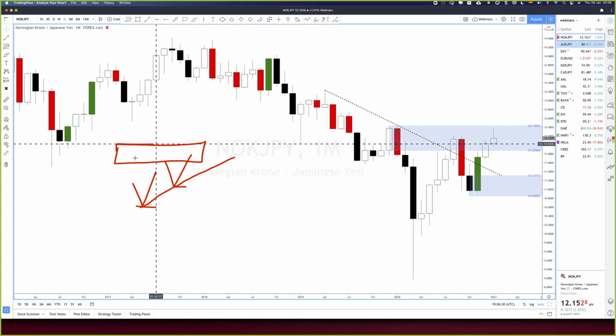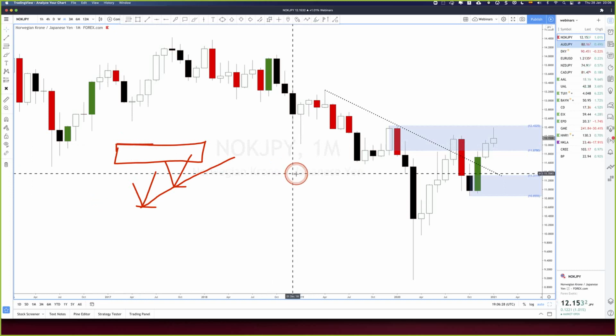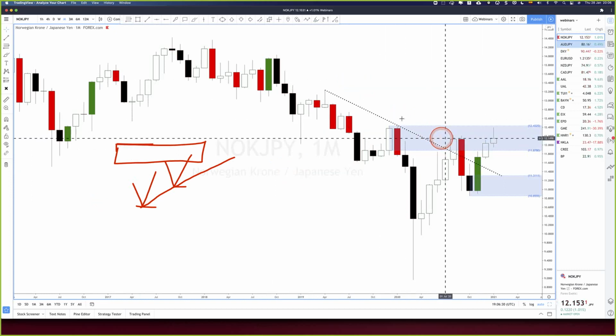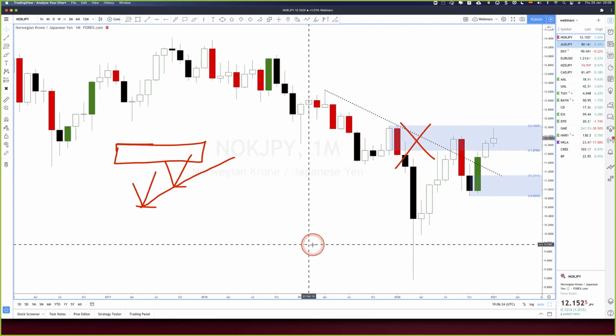We need an opposing imbalance eliminated. But if that happens, then we consider that the trend has reversed and we have an uptrend instead of a downtrend. But in order for that to happen, we need that tested supply zone eliminated.